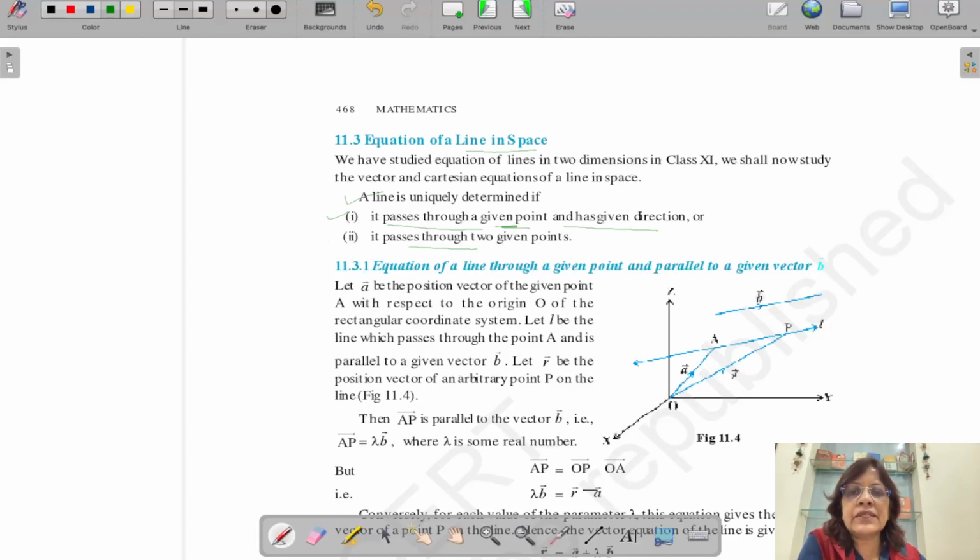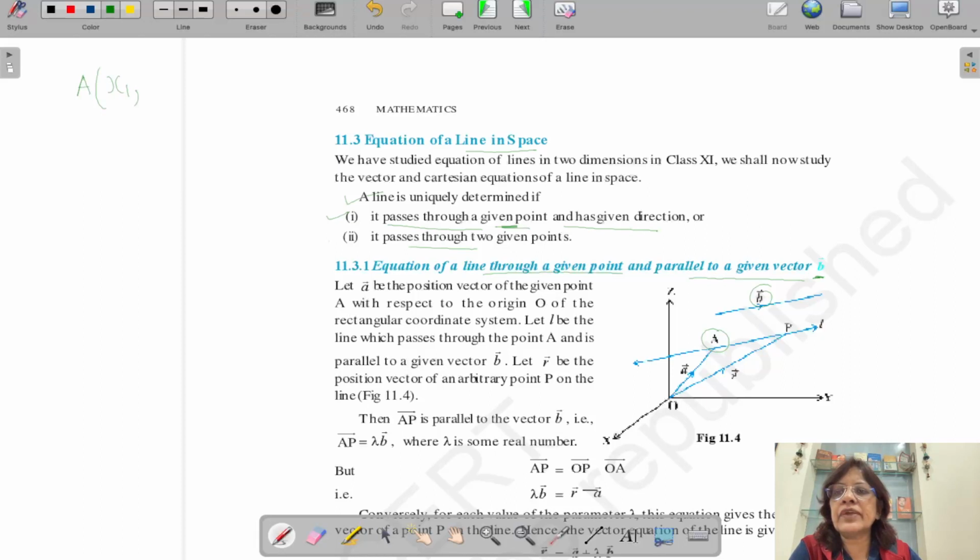Notice this 11.3.1, equation of a line through a given point and parallel to a given vector. Some vector b is given. The statement says the equation of a line passing through a point A, whose position vector is A, and the line is parallel to the vector B. The point A is a fixed point.